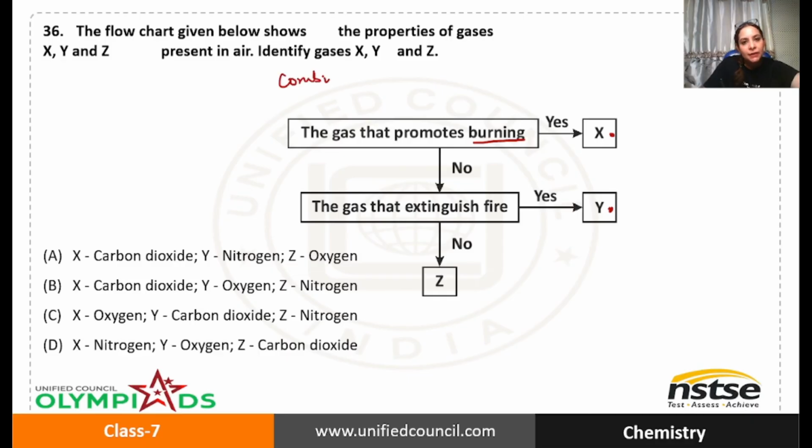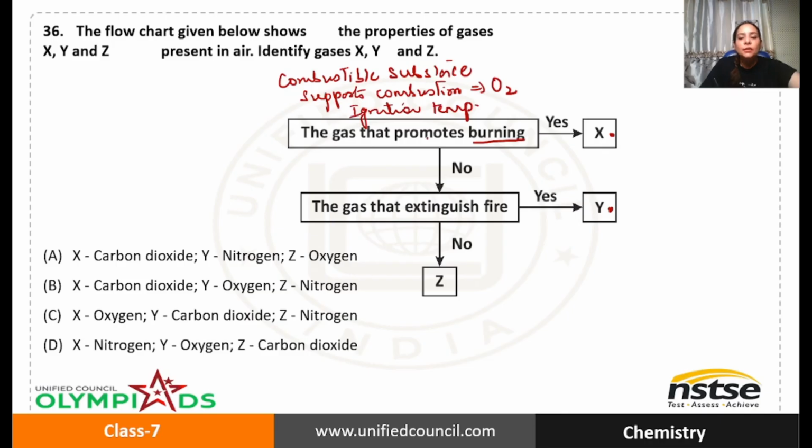We need a combustible substance, that is a substance which catches fire. We need a supporter of combustion, that is a gas which supports combustion. And usually we make use of oxygen because oxygen is a supporter of combustion. And also we need to heat that substance so that its ignition temperature is reached.